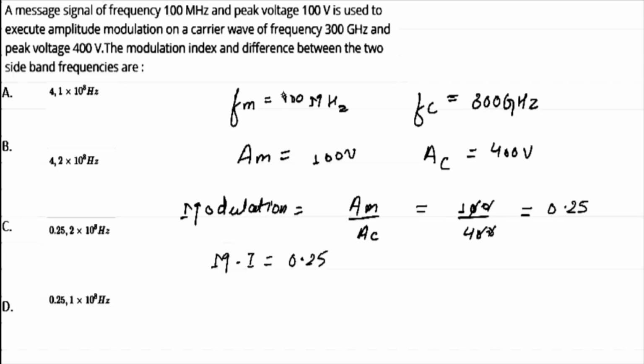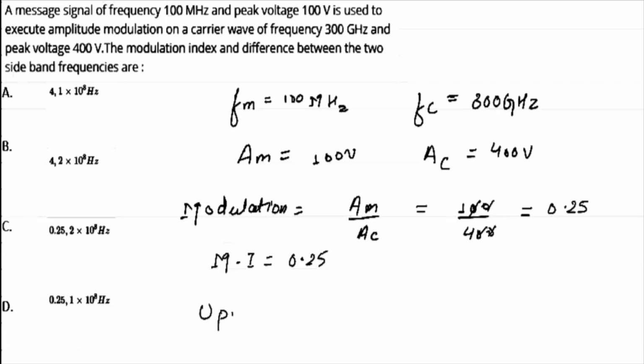Now the next part is the difference between the two sidebands. When amplitude modulation of a message is performed, it always produces two bands of frequencies.